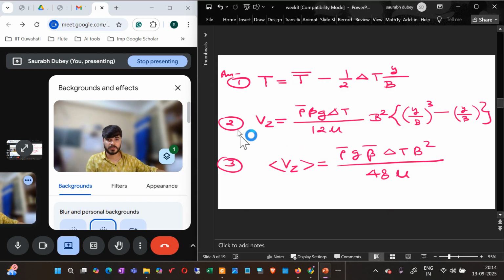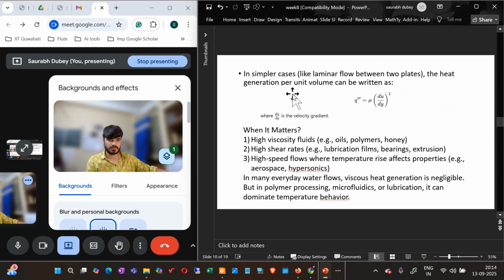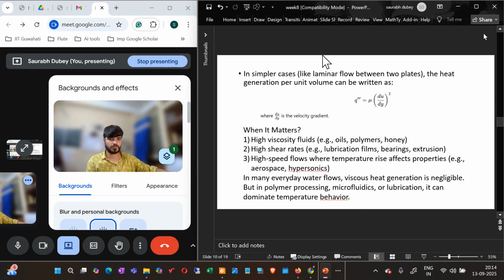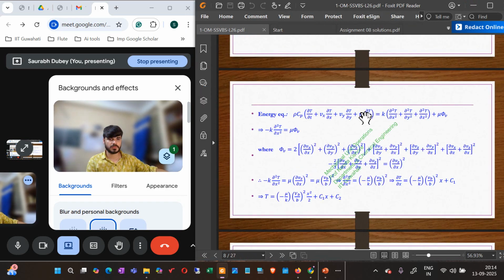If I can show you in the slide where we have discussed it. Here, see, we have discussed. From here, this mu into phi x, only this particular first term you are considering.